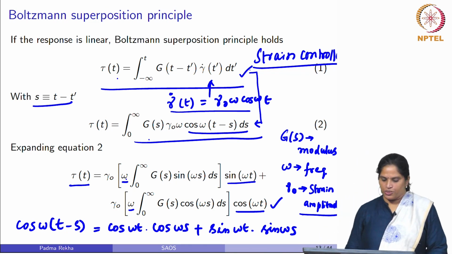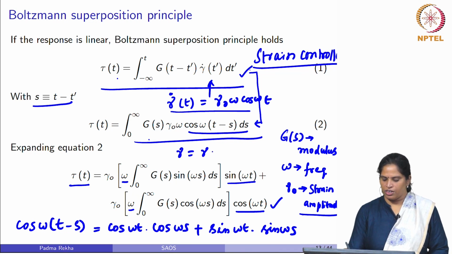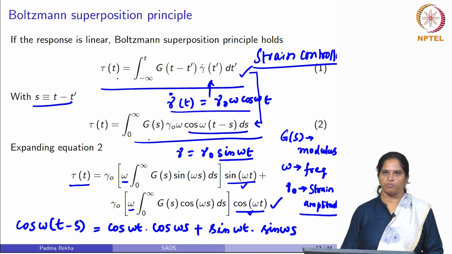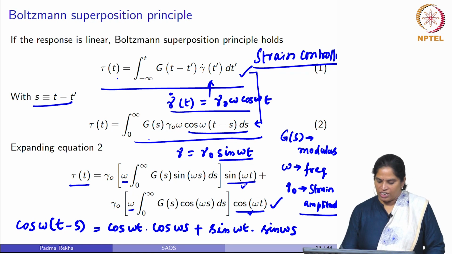Our input strain function is sinusoidal: gamma is equal to gamma naught sin omega t. So, we control the strain in the sine waveform. Our stress waveform has both sine as well as cos waveform. One is an in phase component with the input, another is an out of phase component with the input.